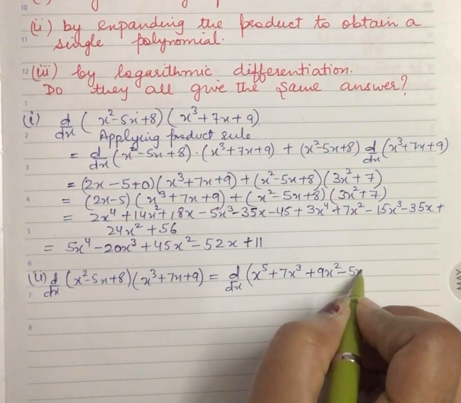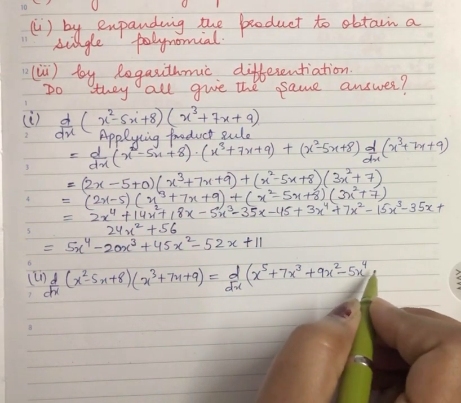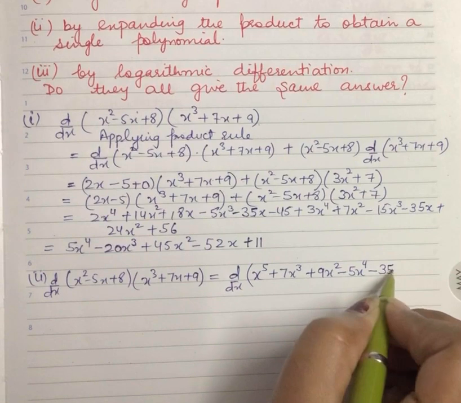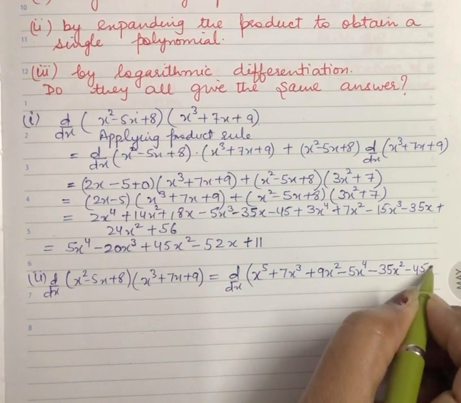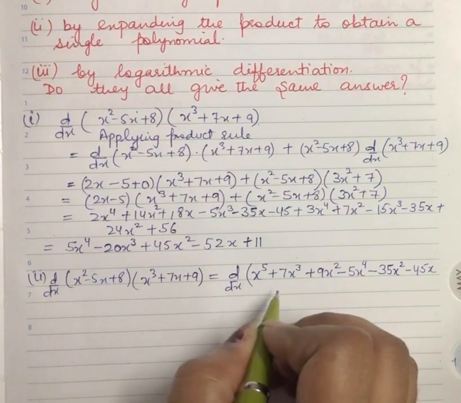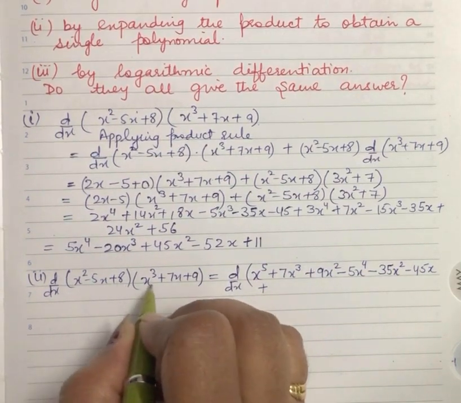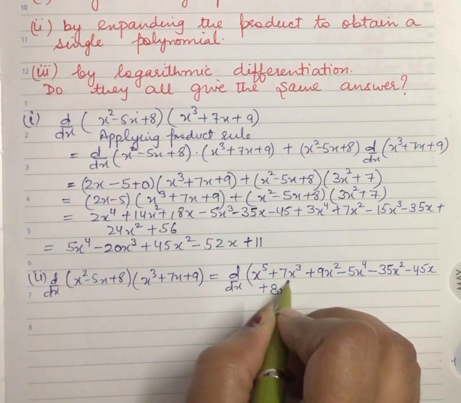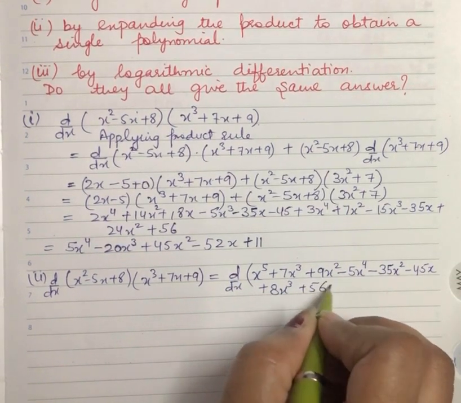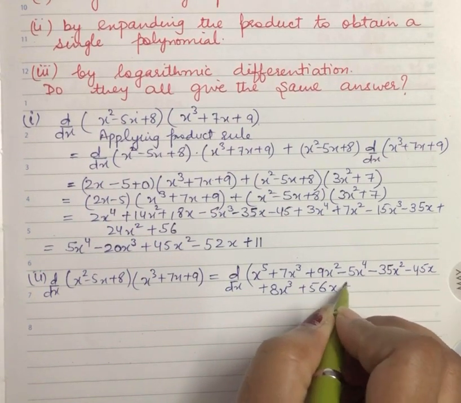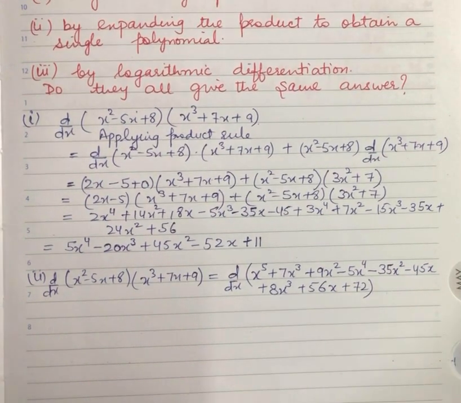it becomes minus 5x to the power 4 minus 35x square minus 45x, then plus, now multiply this by 8, so 8x cube plus 56x and plus 72.